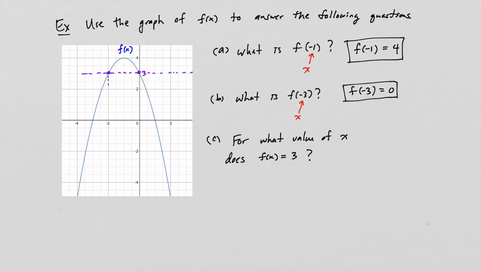All we have to do is drop down to the x-axis, and we can see that one value is -2, and the other value is 0. So for what x value does f of x equal 3? Well, x equals -2, or x equals 0. It's actually 2 values.